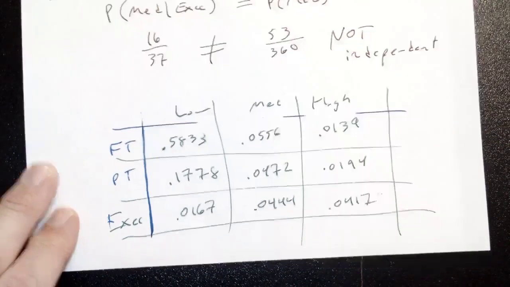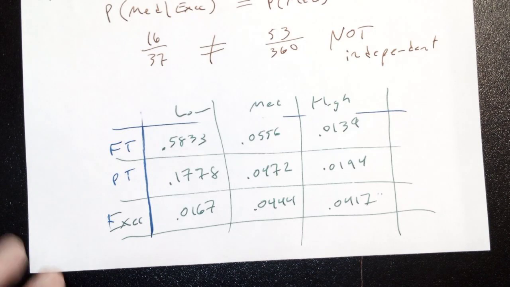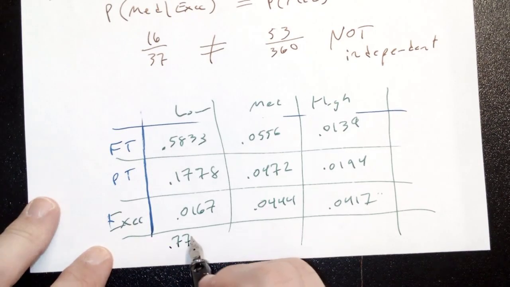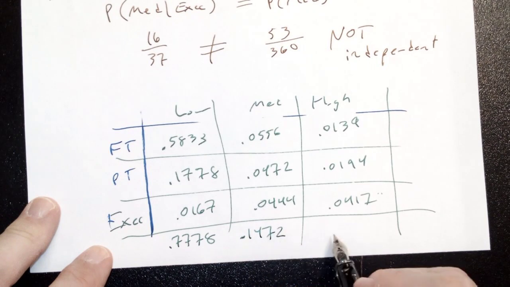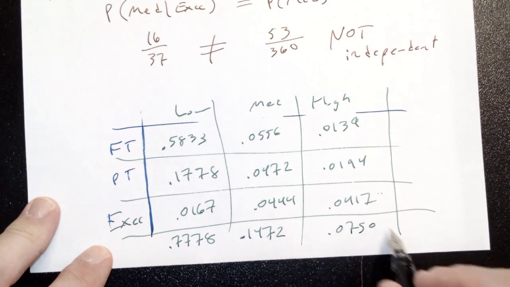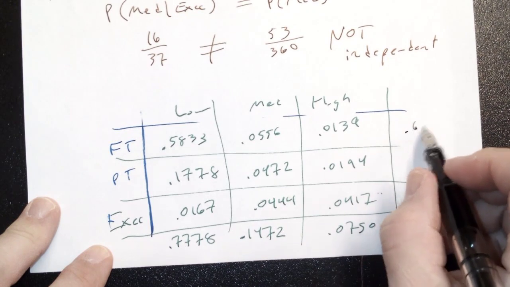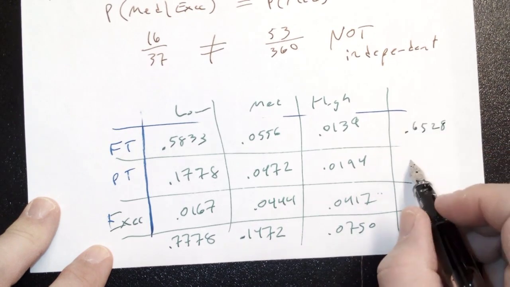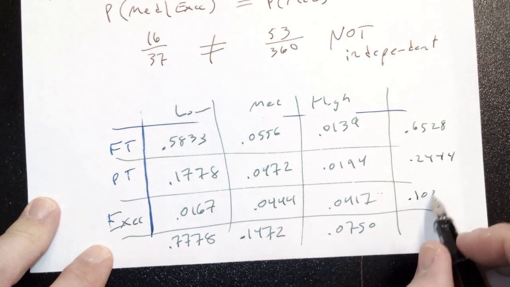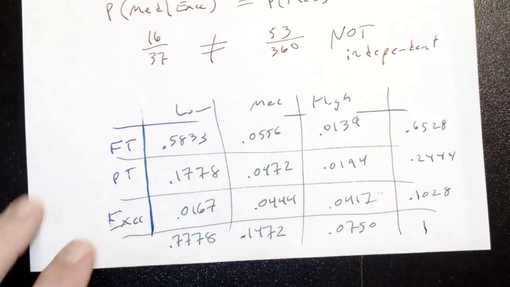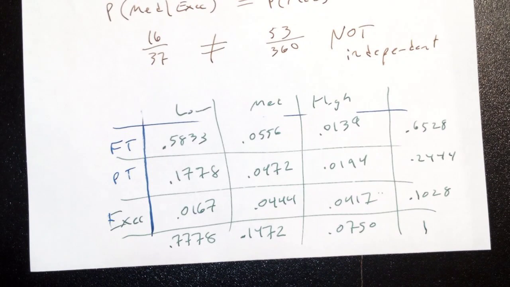Now watch what happens in my row totals and my column totals. Everything adds up to 1.